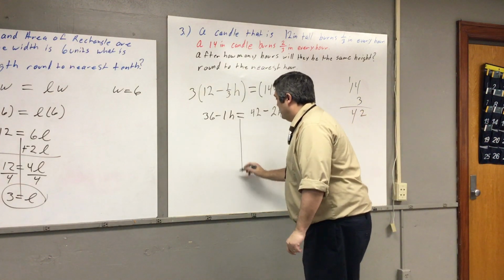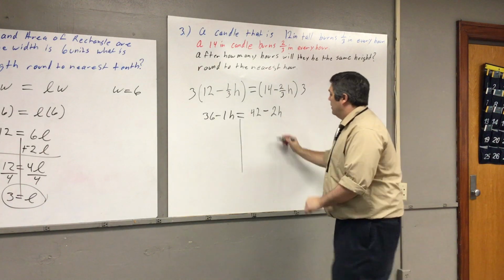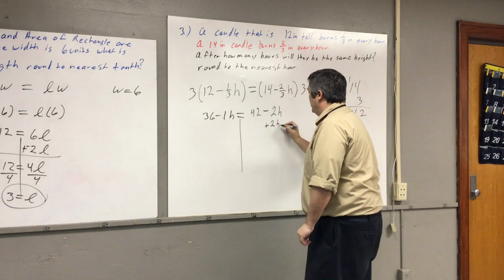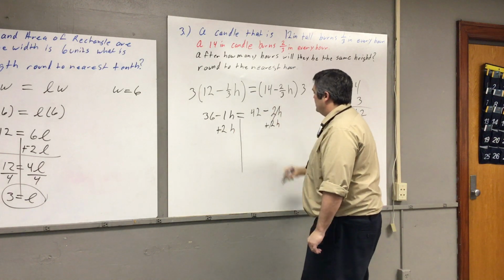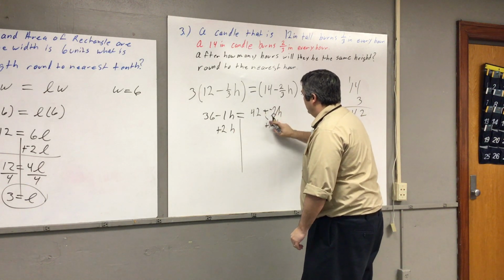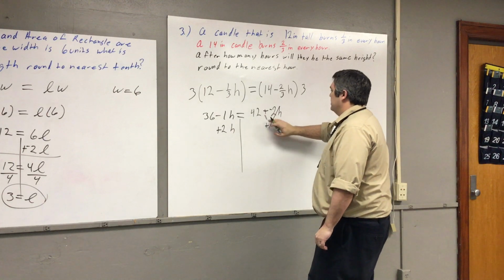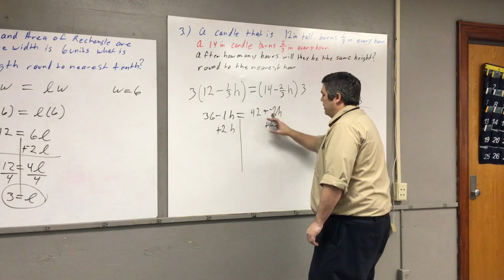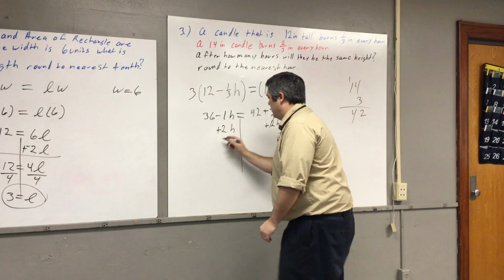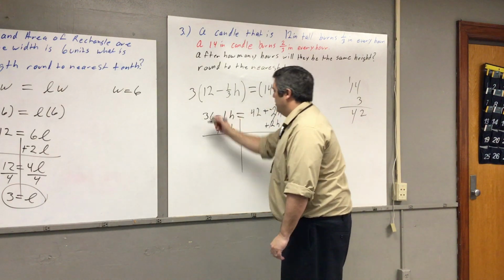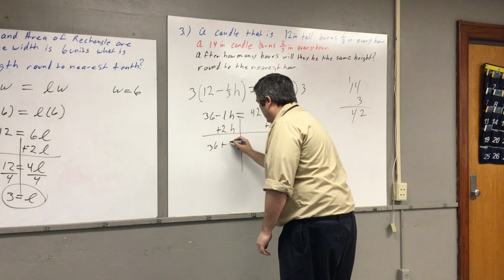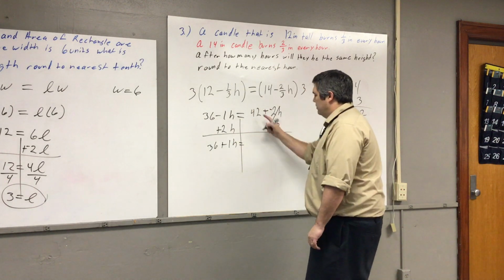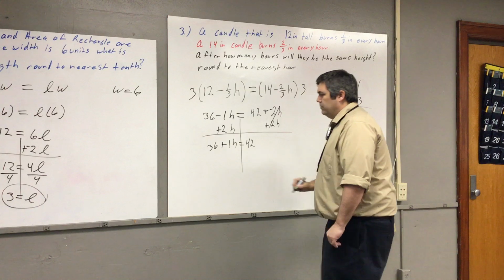All right, draw our line. I'm going to add 2h to both sides. These cancel out, and if you wanted to, you could have clicked right there just to make it look a little bit easier. Okay, now line, these cancel out. I have 36 plus 1h equals 42.